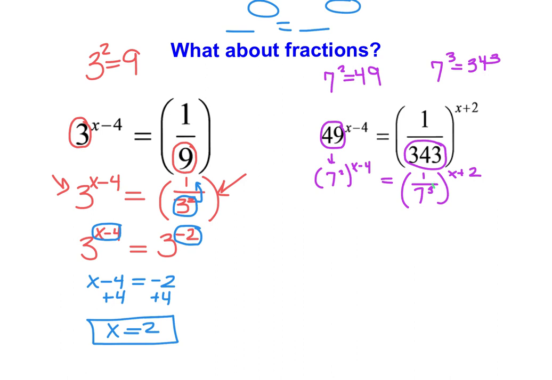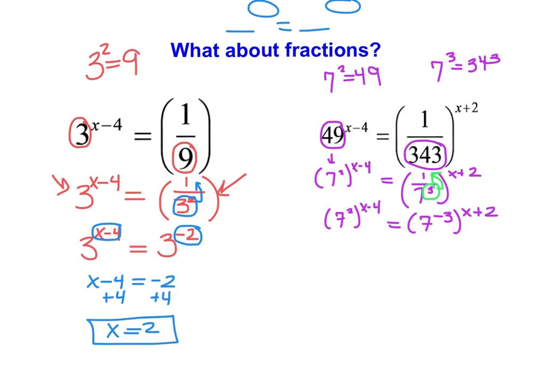So what I'm going to do is I'm going to rewrite this one with the fraction and move the 7 cubed up into the numerator. So here I have 7 squared to the power of x minus 4 on the left. And here I now have 7 to the power of negative 3 raised to the power of x plus 2.